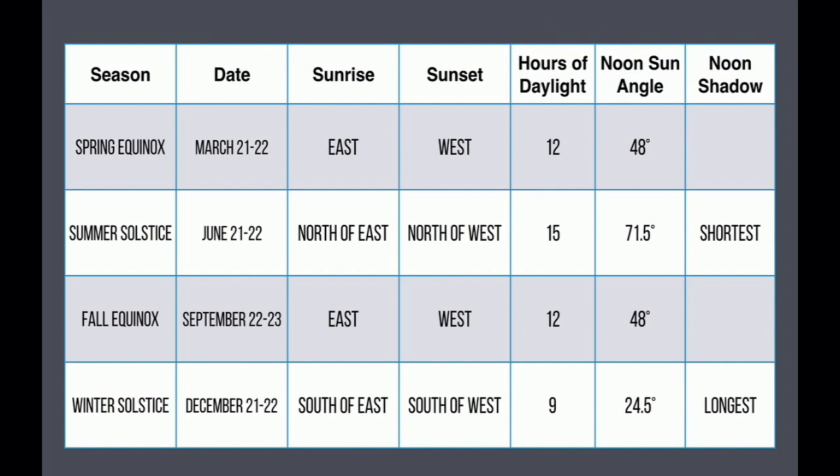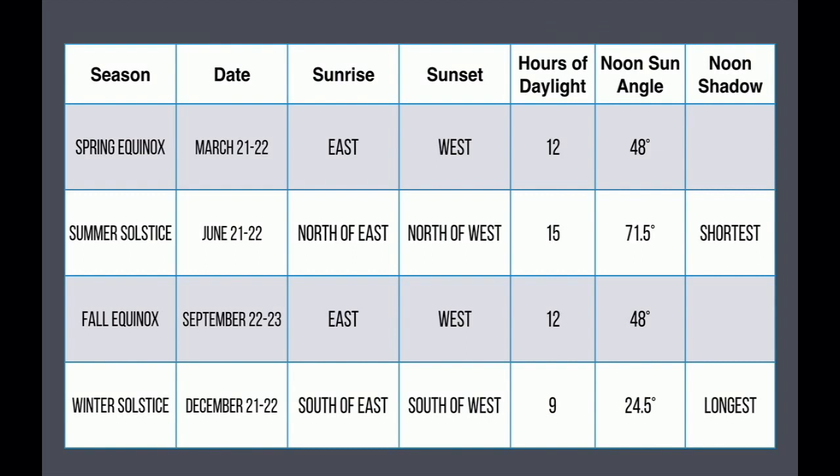And we have about 15 to 16 hours of daylight. The noon sun angle is about 71.5 degrees. And on this day, our noon shadow is the shortest that it will be at any time during the year at noon. And then our fall equinox is the same as our spring equinox. And then finally, our winter solstice on December 21st, 22nd.